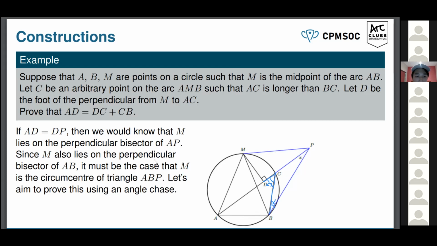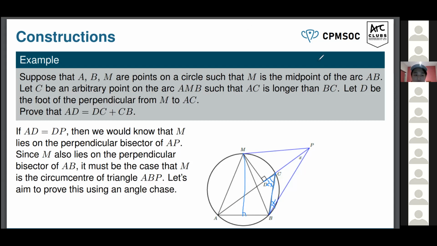Since M also lies on the perpendicular bisector of AB, it must be the case that M is the circumcenter of triangle ABP. Because M is the midpoint of the arc AB, you can see by symmetry that this will be the perpendicular bisector of AB. Right, so now all we have to do is prove that M is the circumcenter of triangle ABP.